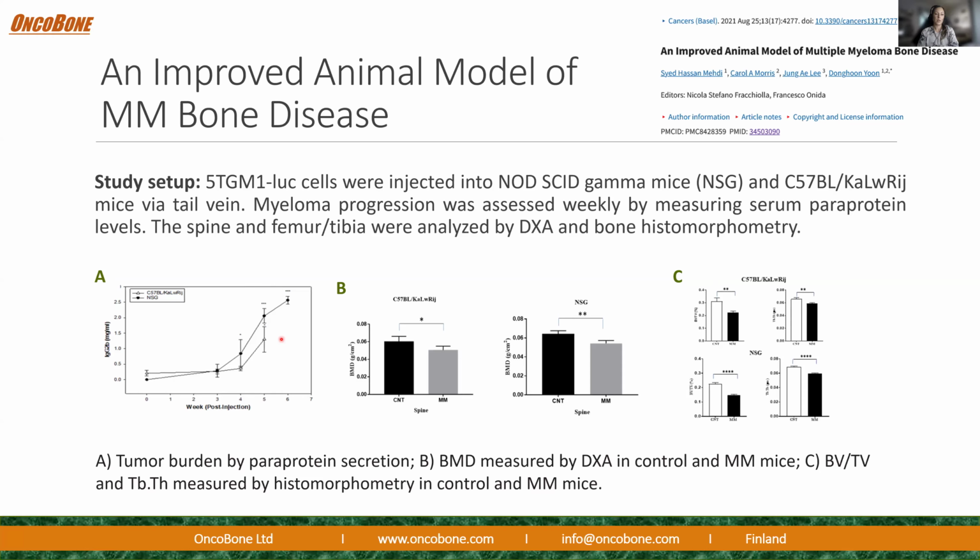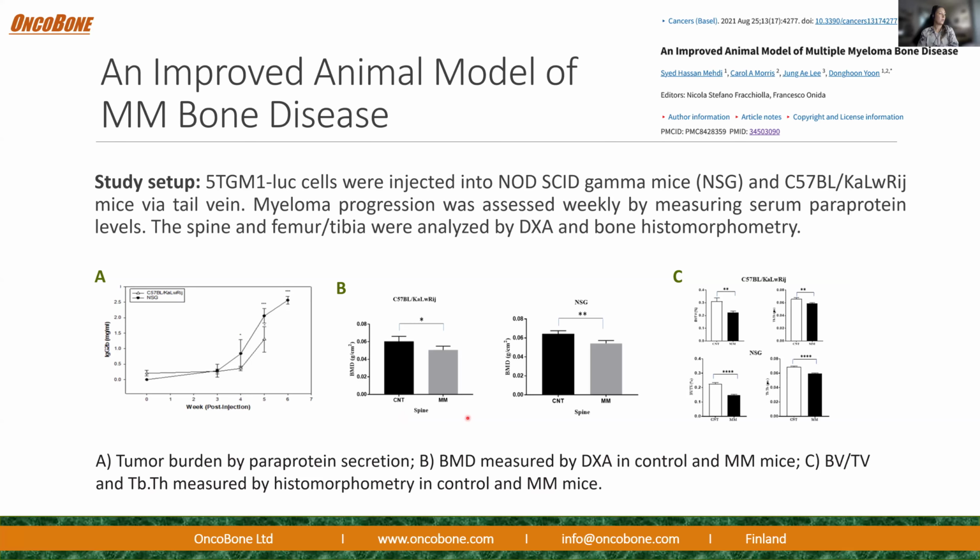We also see a difference when we use DEXA and look at the bone mineral density between these mouse strains. The black bar presents a control condition, meaning the bone mineral density in animals without multiple myeloma.